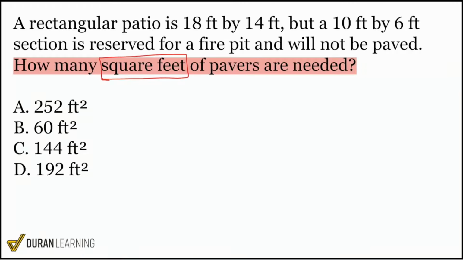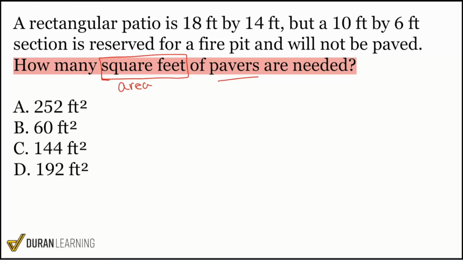My party people who have been to classes like this before, when we mention square units, square feet, square centimeters, square miles, square kilometers, we are talking about area. That's what it is. So here what we're talking about is how much area of pavement or pavers are needed.